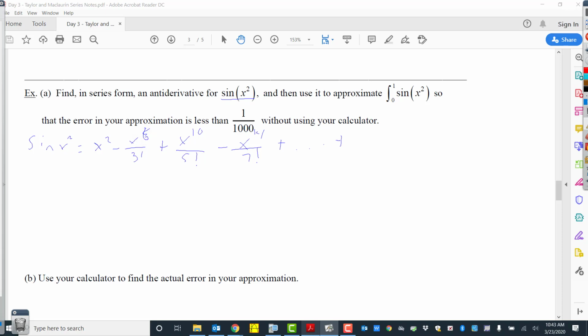Alright, so now we're going to be taking the integral of this. So the integral from 0 to 1 of sine of x squared.